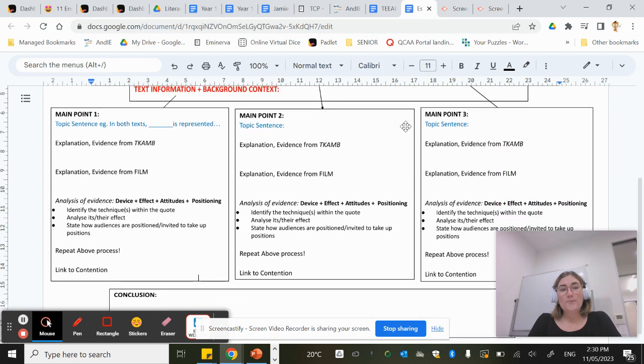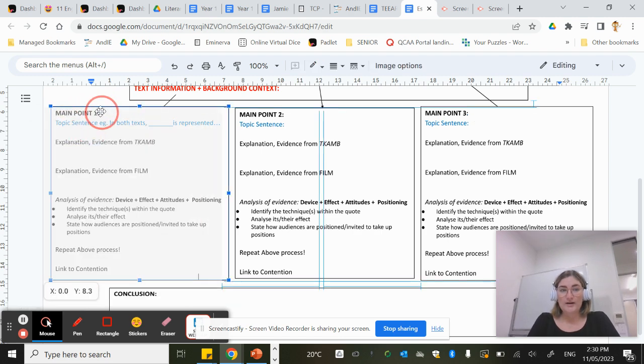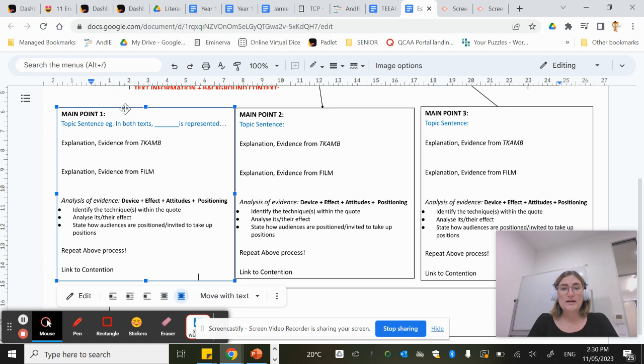So in your main body paragraphs, you can have either one main point, two main points, or three main points. If I'm looking at one main point, okay, this main point would be about courage.